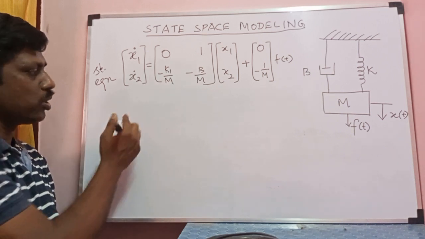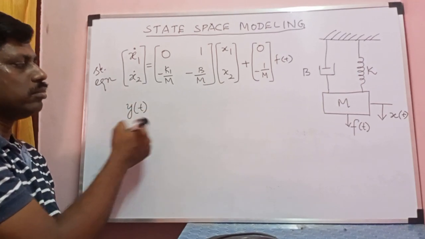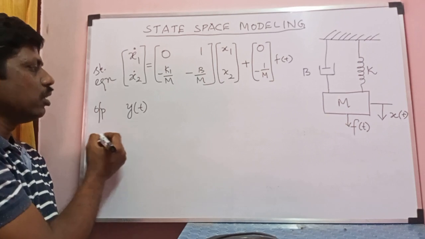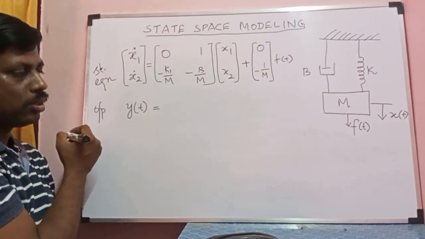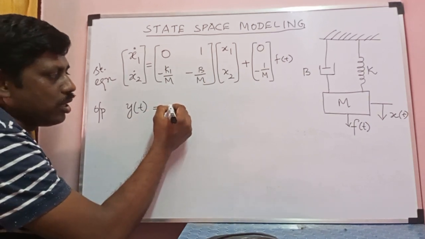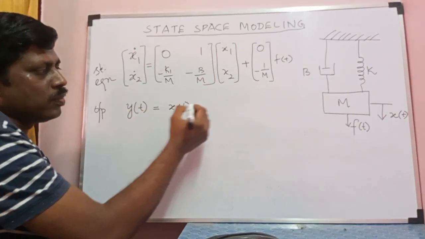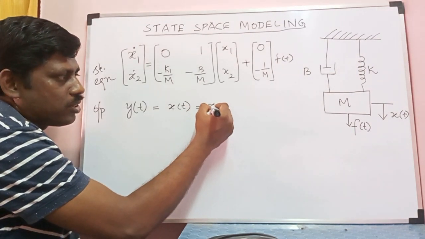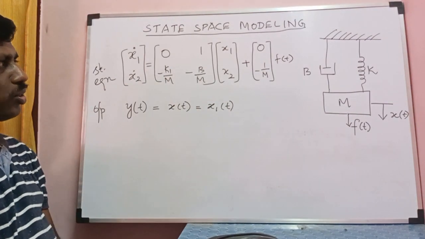Usually in state space modeling, output is defined by y of t. Let me say I take the output as the displacement, therefore x of t, or in terms of state variables, I can write it as x1 of t. Am I right? x of t is x1 of t.